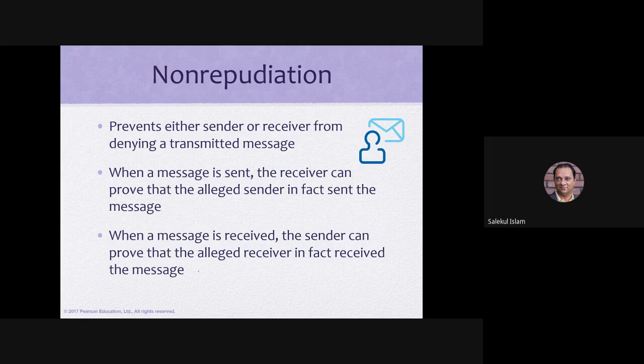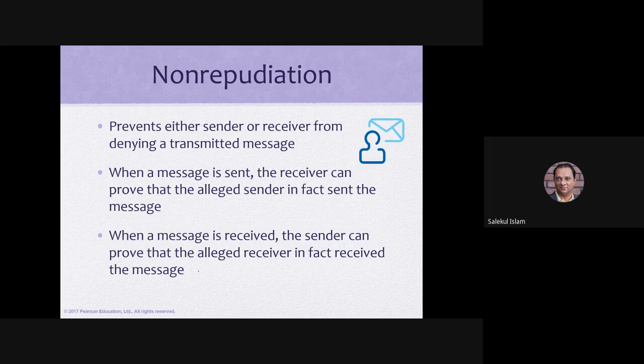So why do we need non-repudiation? Non-repudiation is very important in the case of e-commerce protocols. Say you have ordered something through some e-commerce website, and when you have received your order, you deny it, saying, look, I did not order this thing.